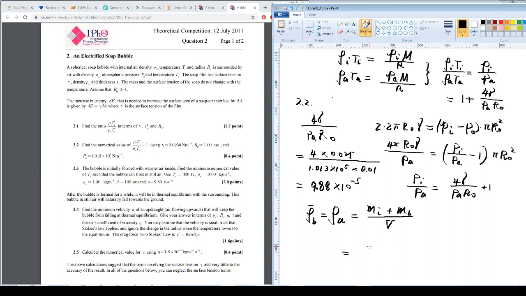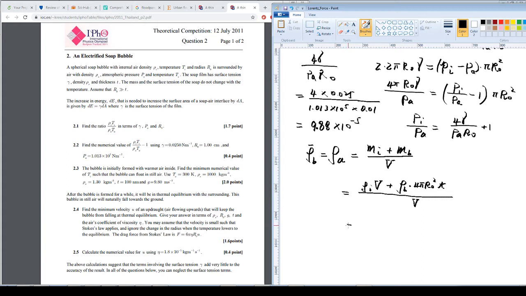Now the mass of the air inside is the density of the air inside times the volume. The mass of the bubble is the density of the bubble times 4 pi r naught squared times the thickness, divided by V. So that is just V rho I, and that's 4 over 3, so 3 rho B T over R naught.